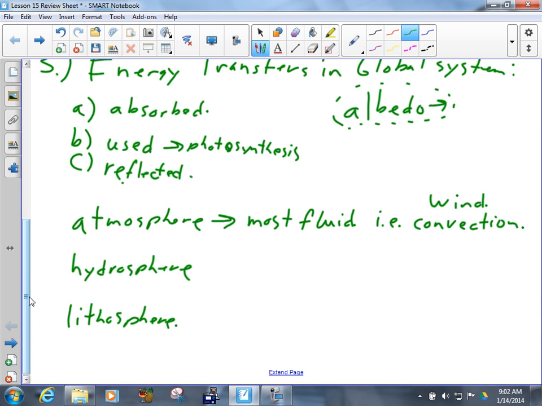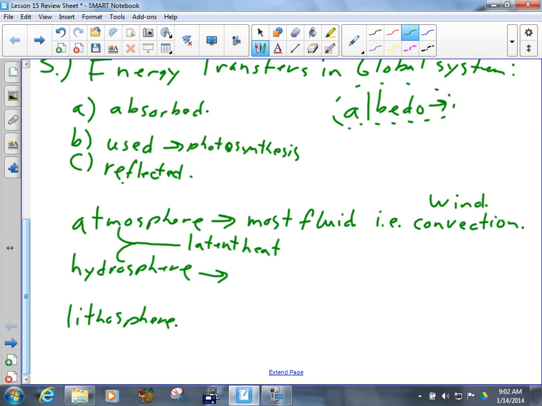All right, within the hydrosphere, is that fairly important? Yes, because the interaction between the hydrosphere and the atmosphere results in heat transfer by this method, which we said was the second most important way of transferring heat energy from place to place.